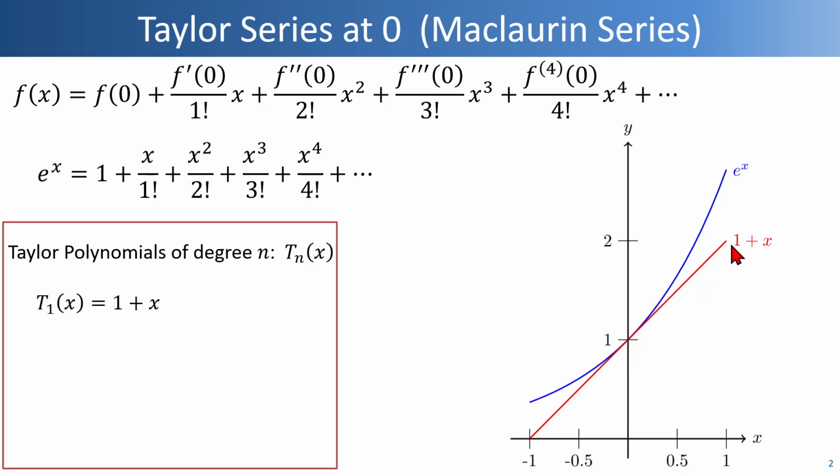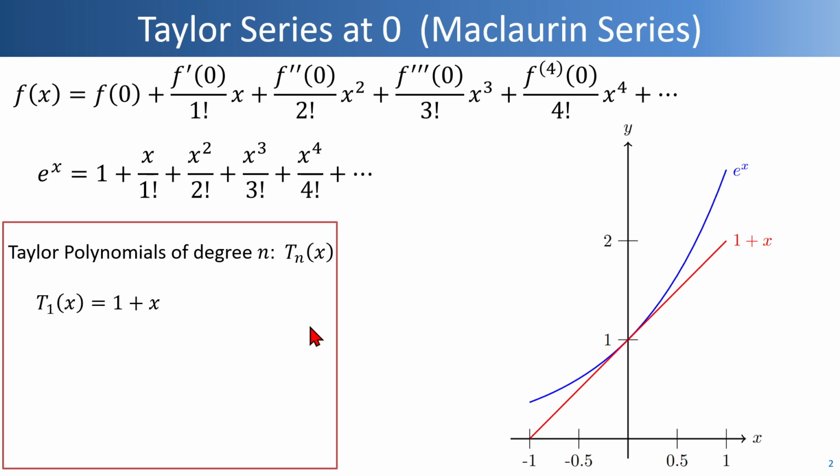That provides an approximation to the graph of e to the x. In fact, this would be called a linear approximation, which you may have seen in Math 140. This red line approximates the blue curve, and it does so very well if we're very close to 0. But as we get further away, the approximation becomes less accurate.